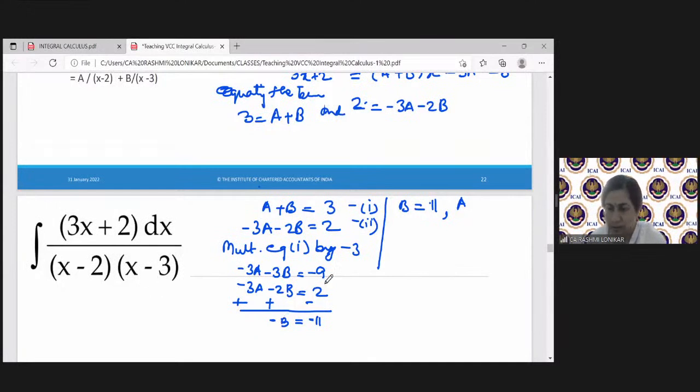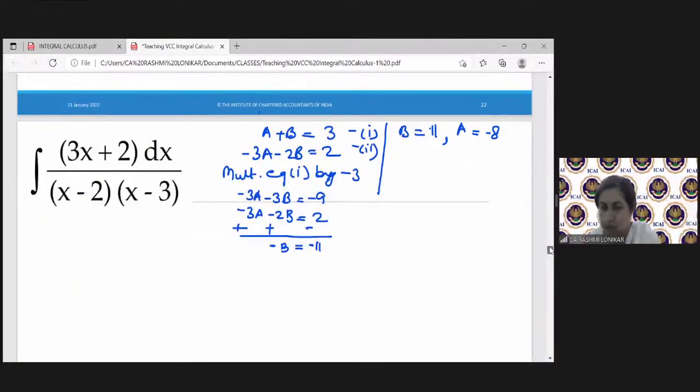Yes, very good. This is equal to -8, because -8 plus 11 will give me 3. Now I have found the values of A and B. I can substitute over here.